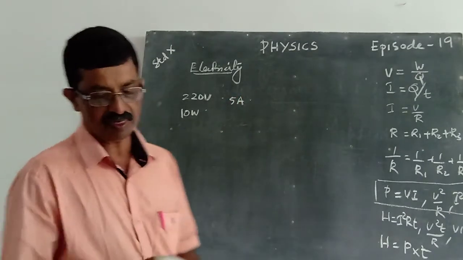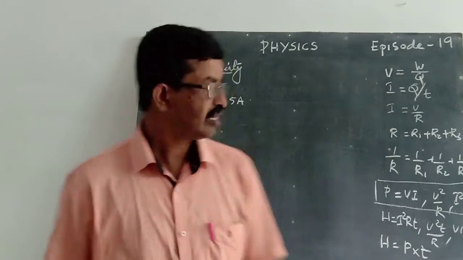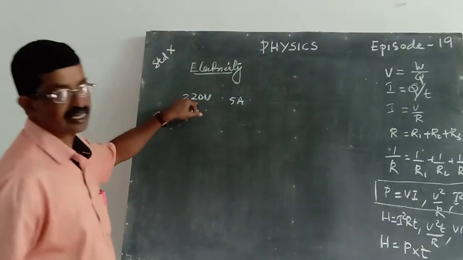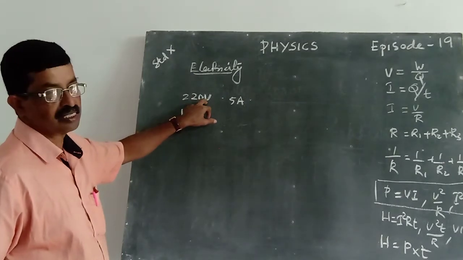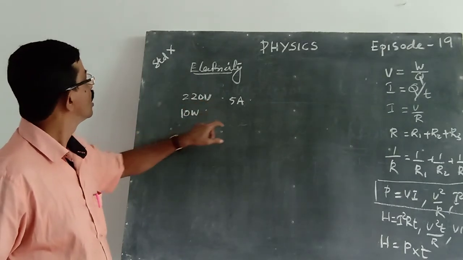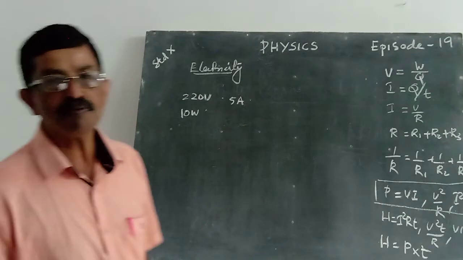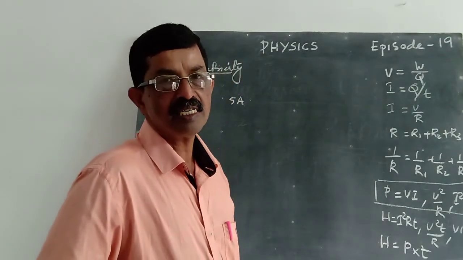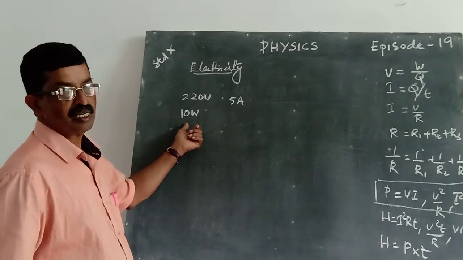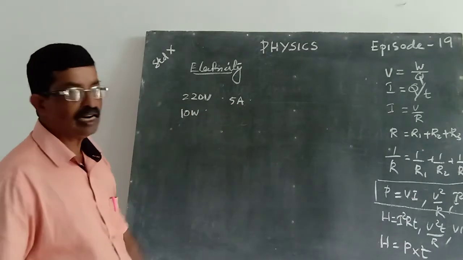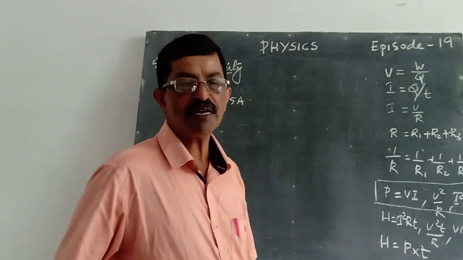See, in an electric supply line, there is 220 volt potential, and we connect a number of 10 watt electric bulbs, and the current through the circuit can be 5 ampere.